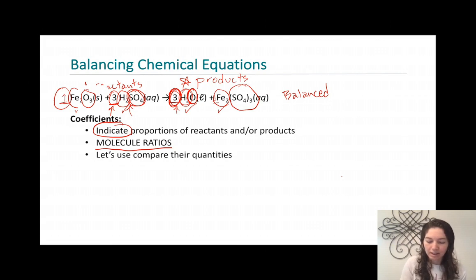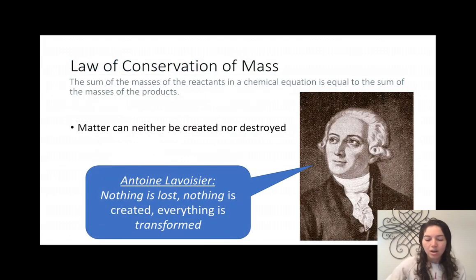So let's take a look here. In order to understand why this happens, we need to look at the law of conservation of mass. This was proposed by Antoine Lavoisier, and he said that nothing is lost, nothing is created, but everything is transformed. What this means is that matter can neither be created nor destroyed, but turned into something new.